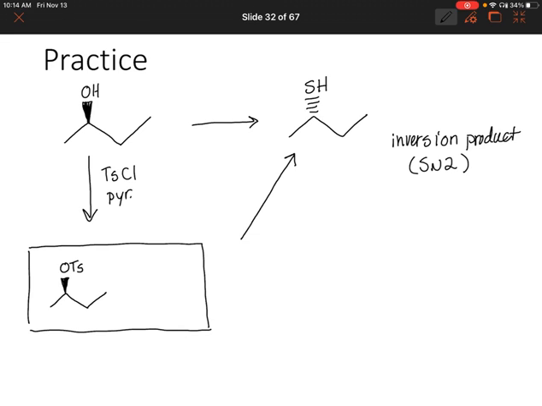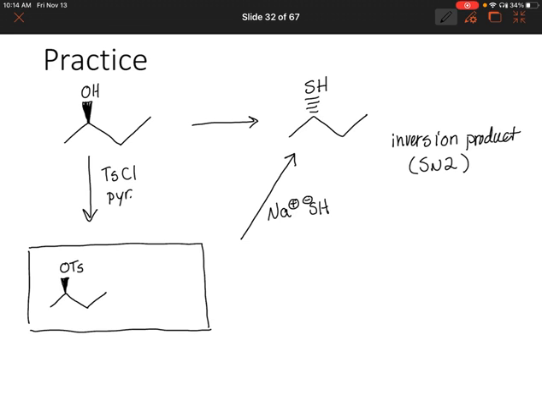And then we want to turn that OTs group into a thiol group, or SH. So let's use sodium bonded to our thiol group.